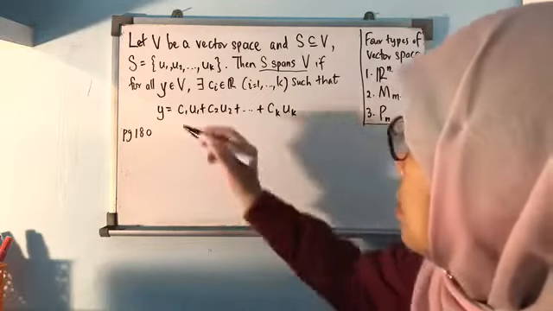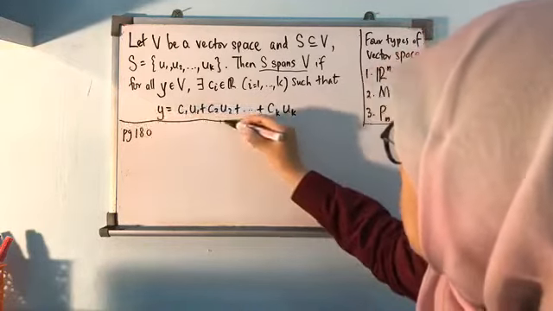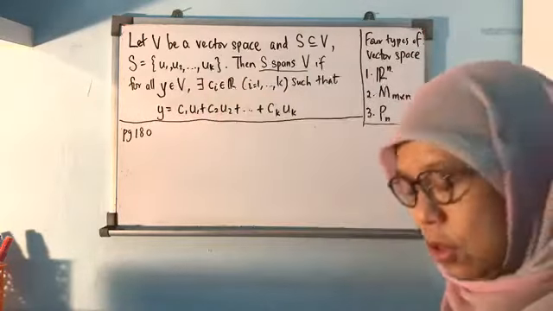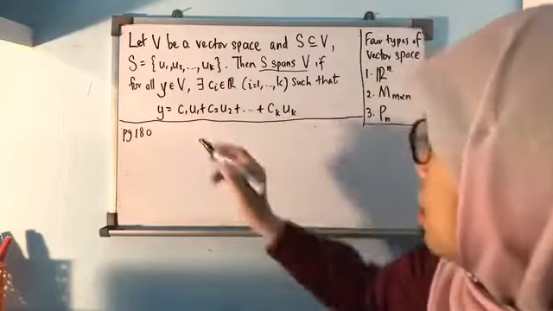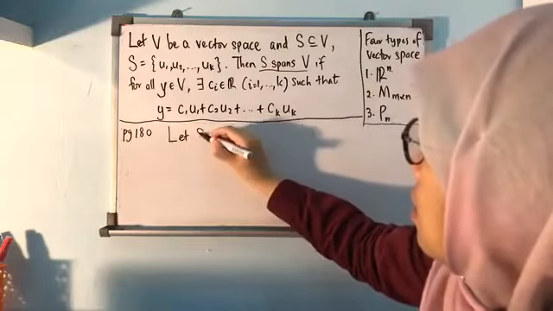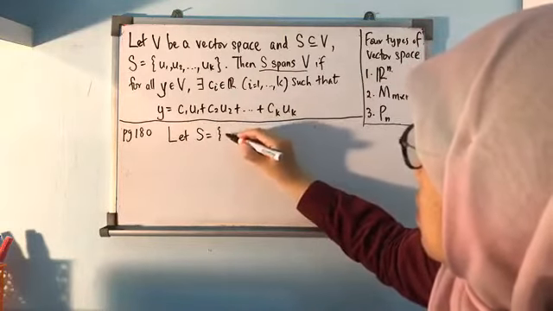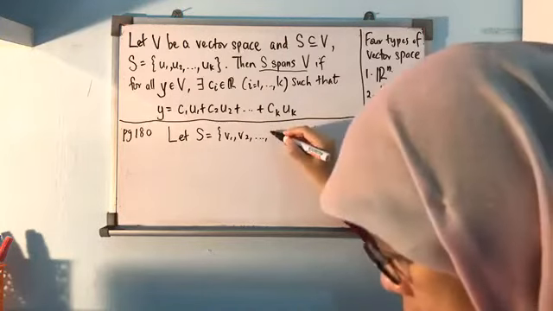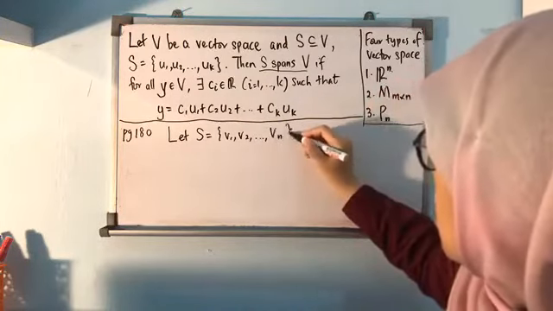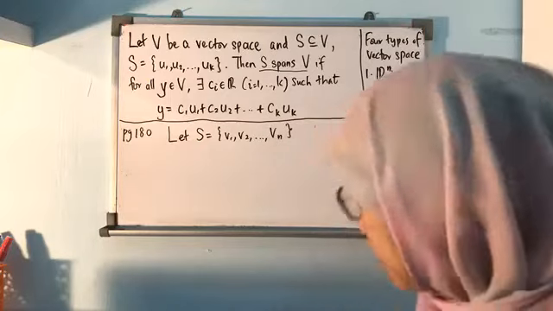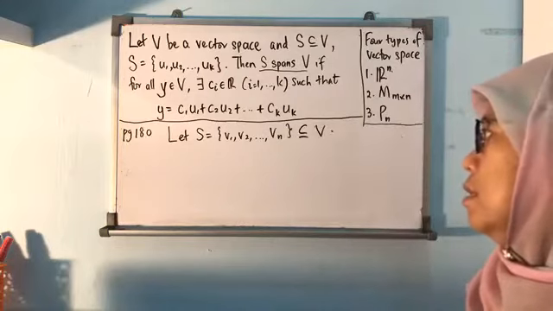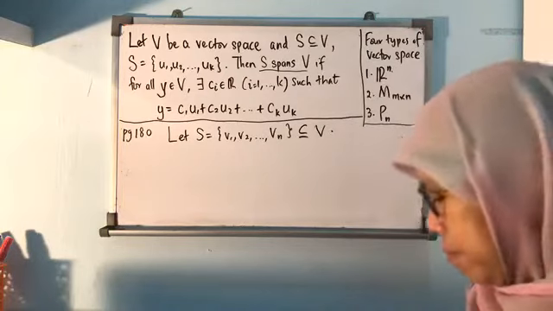Okay, I follow the book. Just now I used U, in the book I use V. So okay, let S be V1, V2, Vn, okay, a subset of a vector space V as before.